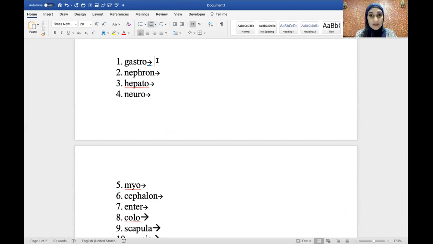Or what does the root gastro refer to? It refers to the stomach. What about nephro? Nephro refers to the kidney. Hepato refers to the liver.